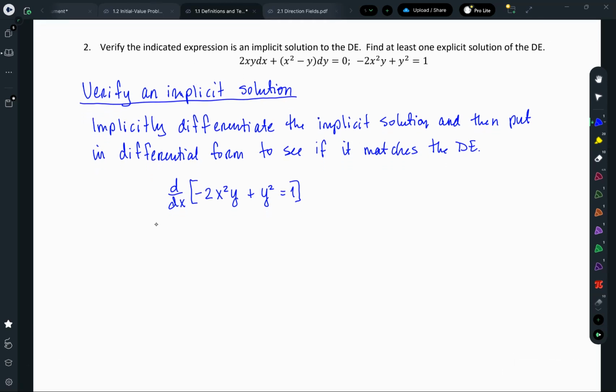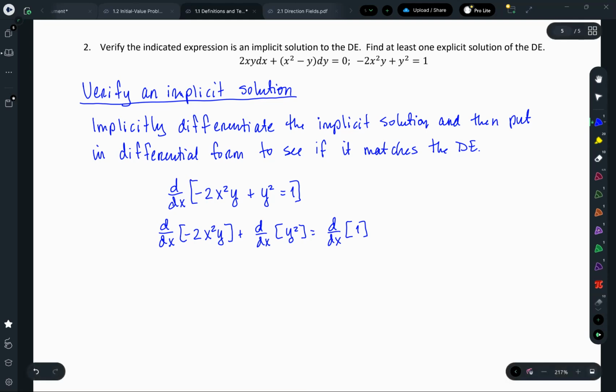Okay, so if I take the derivative and send it through, I've got d dx of minus 2x squared y plus d dx of y squared is equal to d dx of 1. I'll focus on the first term. I'm going to treat these like two things here. So I've got a minus 2x squared, and then I have y. That's my product.